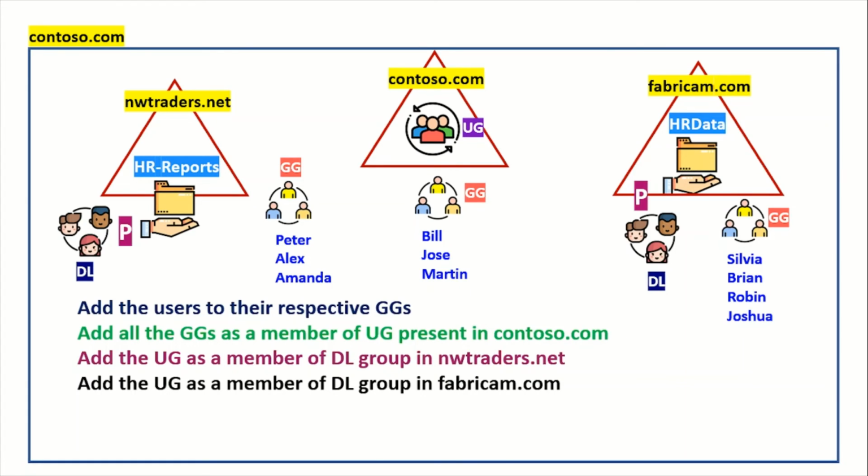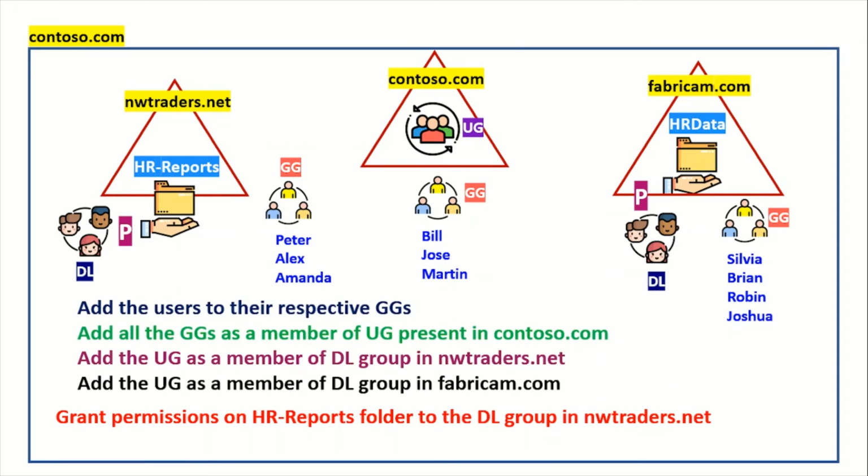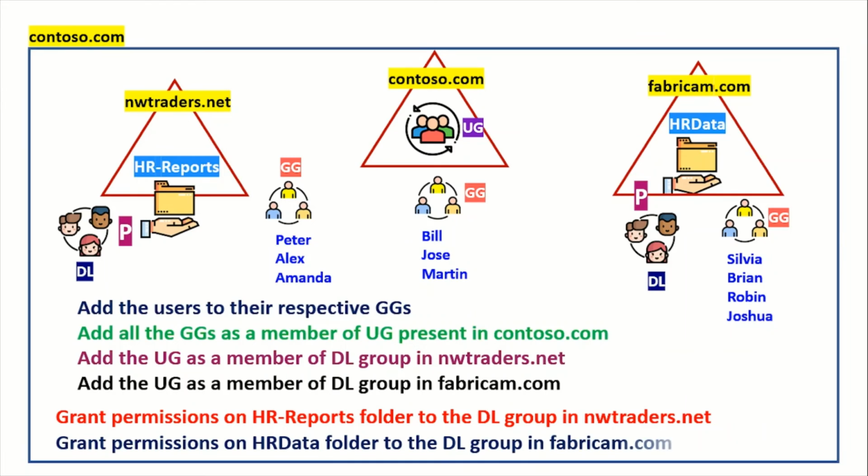And last but not the least, we will configure permissions. So we'll grant permissions on the HR reports folder to the domain local group in nwtraders.net, and we'll grant permissions on the HR data folder to the domain local group in fabricam.com.